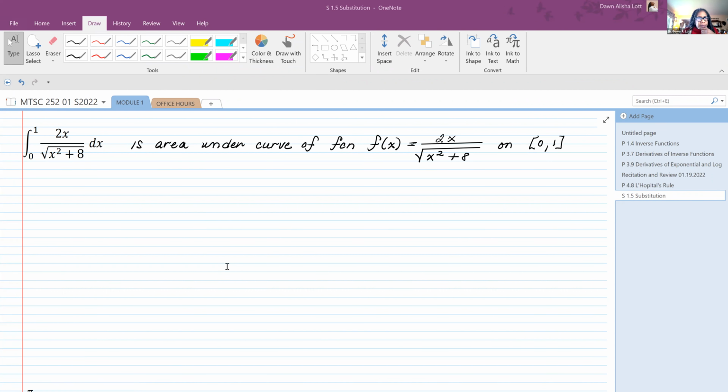What's the function? 2x over the square root of x squared plus 8.